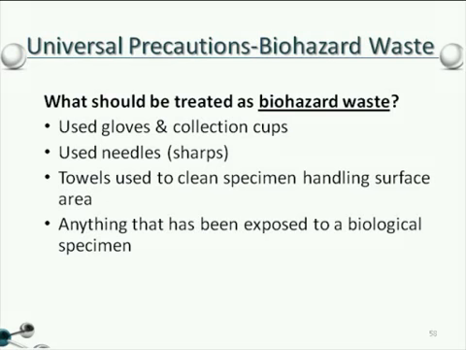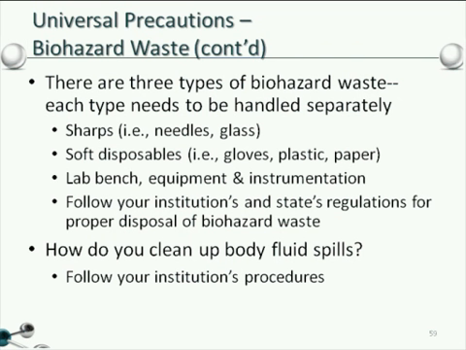So what should be treated as biohazard waste? All of these things: gloves, collection cups, needles, towels used to clean the area, anything exposed to a biological specimen. There are different ways that these things should be handled. I would definitely say follow your institution or state's regulations for proper disposal of biological waste, because it could be different.